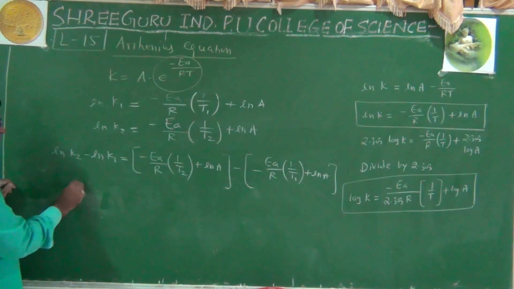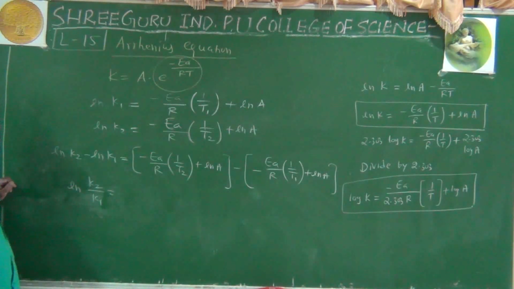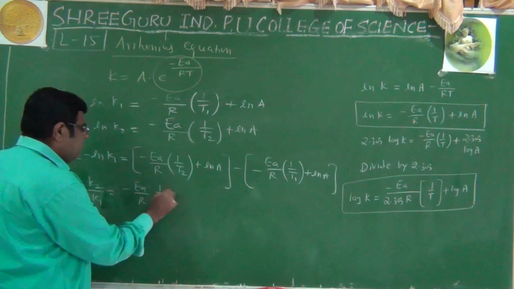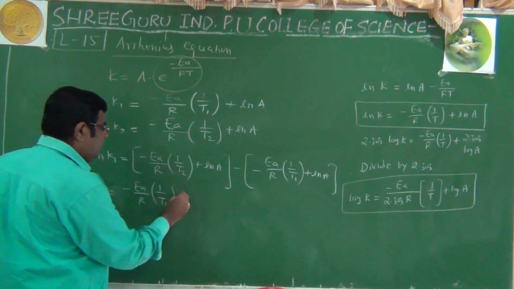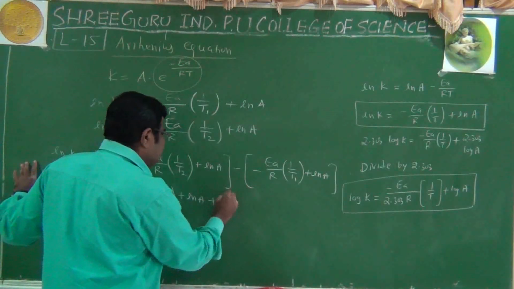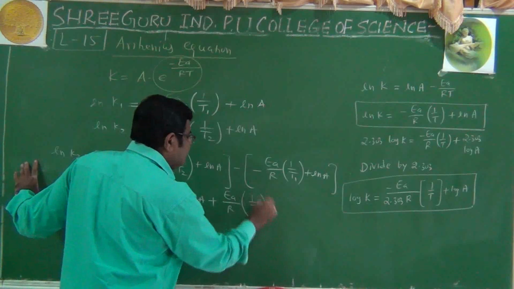This is nothing but natural log of K2 by K1, because log A minus log B is log A by B. This is minus EA by R 1 by T2 plus natural log of A. This negative becomes positive: EA by R 1 by T1.